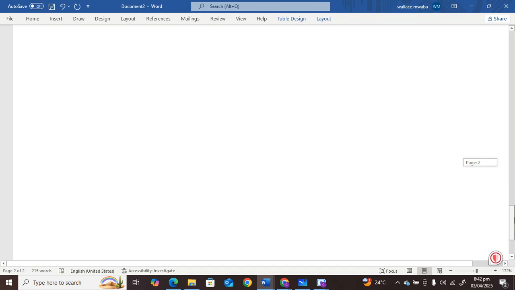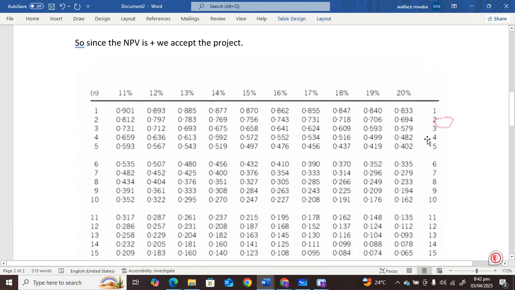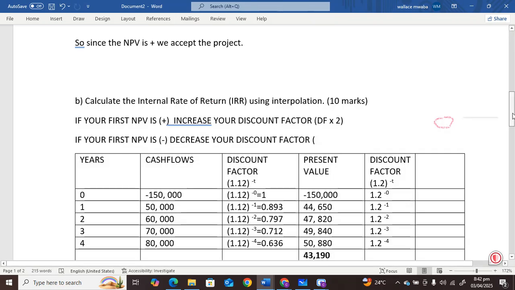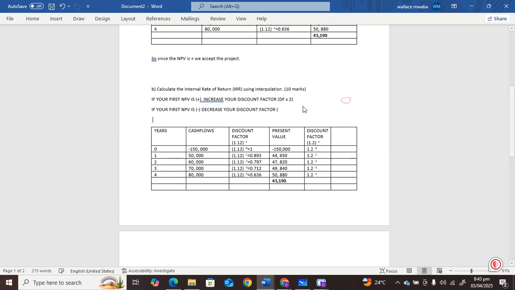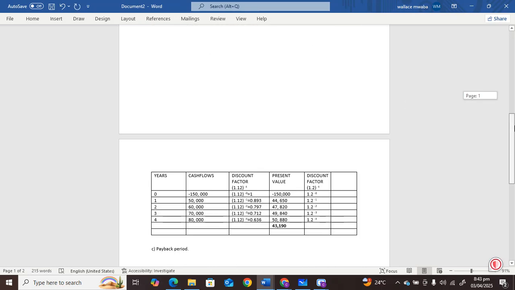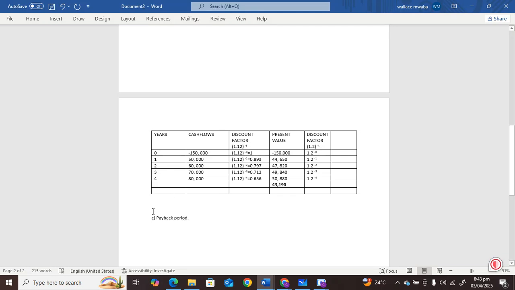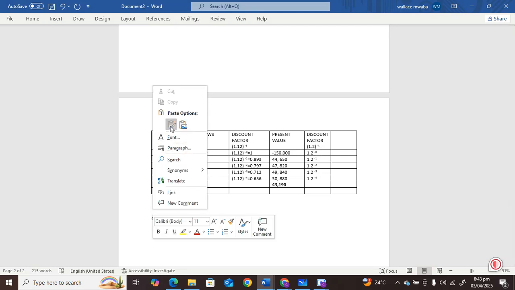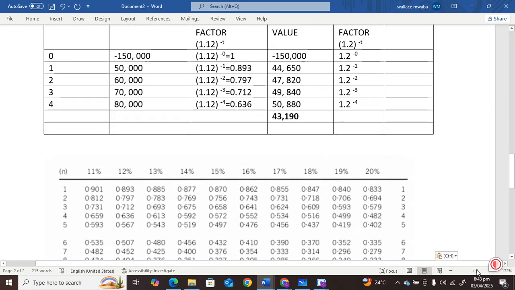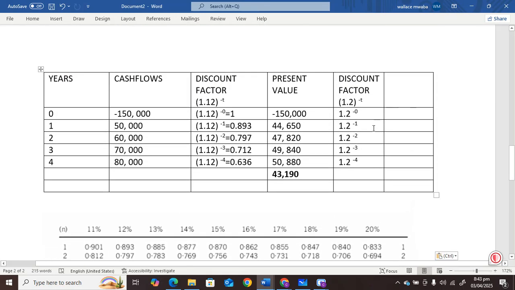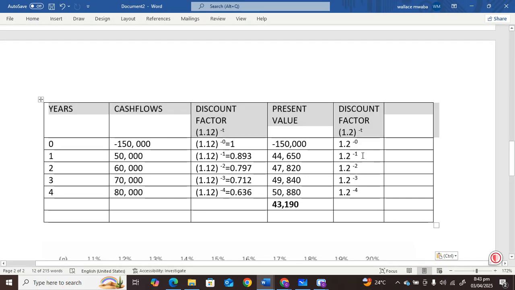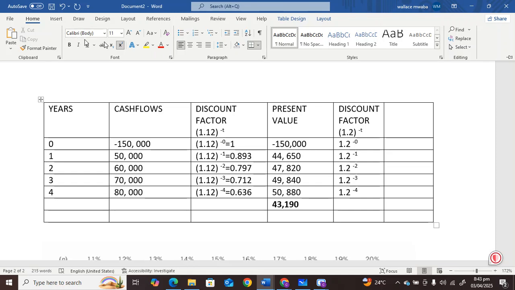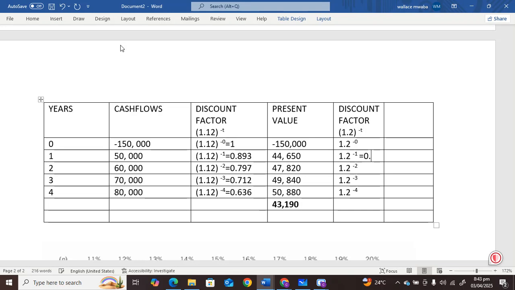Where's that table? Yes, we have 20% here on our table. So for year one, 0.833.